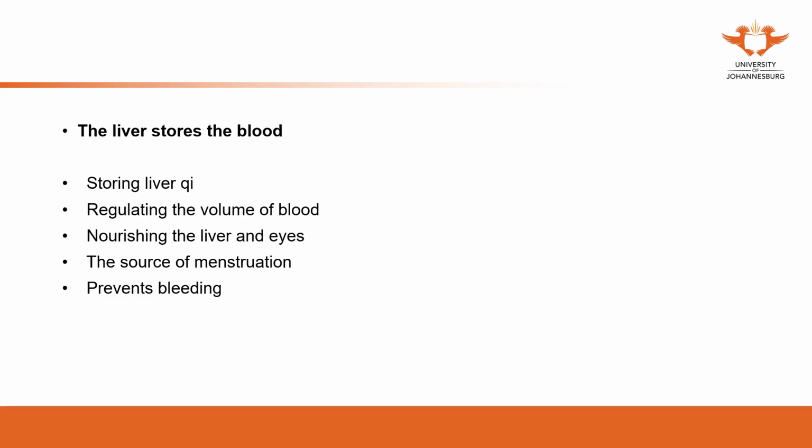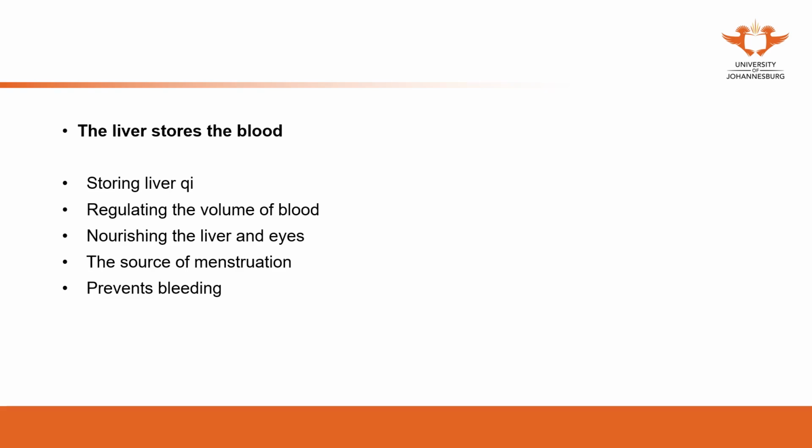The last significance of storing blood is to prevent bleeding. This function is achieved with the assistance of liver yin and liver yang, the balance between liver yin and yang. From this point of view, the liver stores the blood.